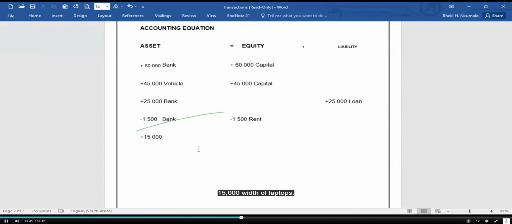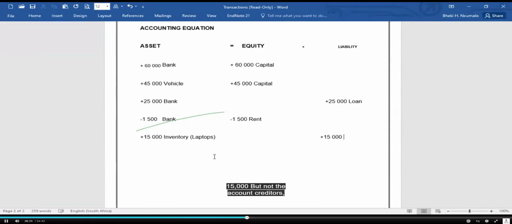He bought this stock because when you are buying a stock, it's for resale. So he never used cash to buy this, but he used on credit, on account. So that means he's increasing his short-term debts, another 15,000.